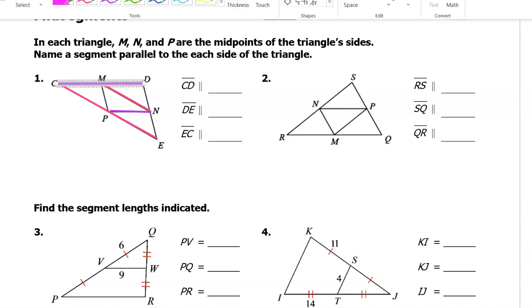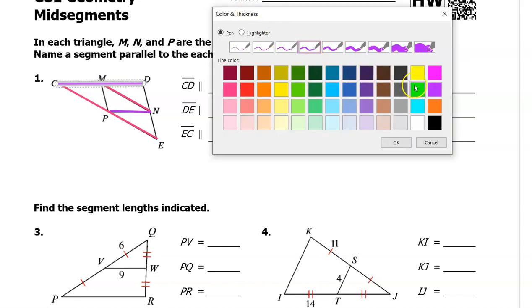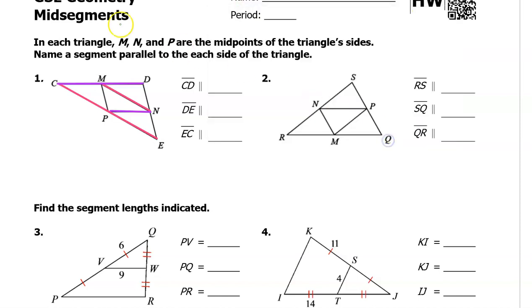And now for the third midsegment, which we will do in green. Okay, MP is going to be parallel to DE. So let's look back at what we said. Segment CD is parallel to what?